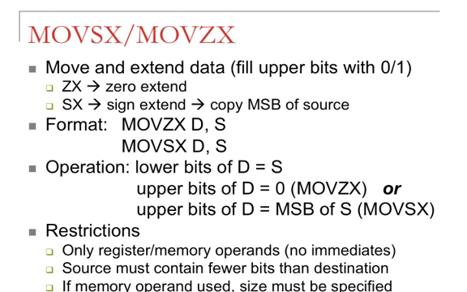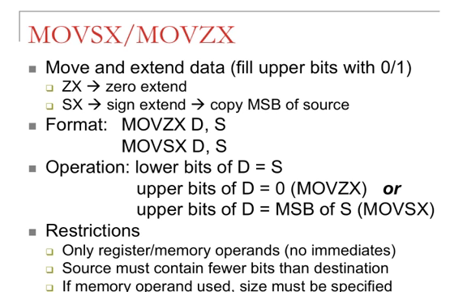Okay, now we're going to look at two similar move instructions, but with some slight caveats or some extra operations. These two instructions, MOVSX and MOVZX, are going to do two things. First, they're going to do the move or copy, and then additionally, they're going to extend the data.